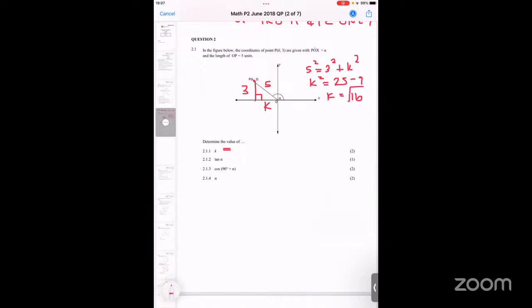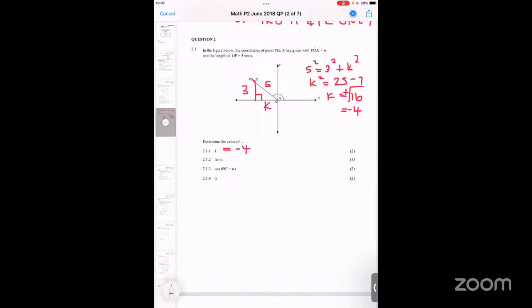Therefore, K is equal to 4. But now I have to check on which side of the quadrant the 4 is. Since it is on the left side, it means that it's negative. Therefore, our final answer for K is -4.